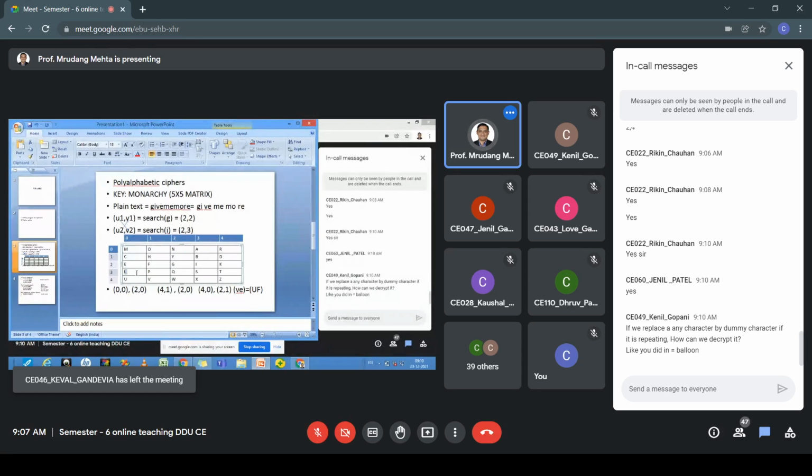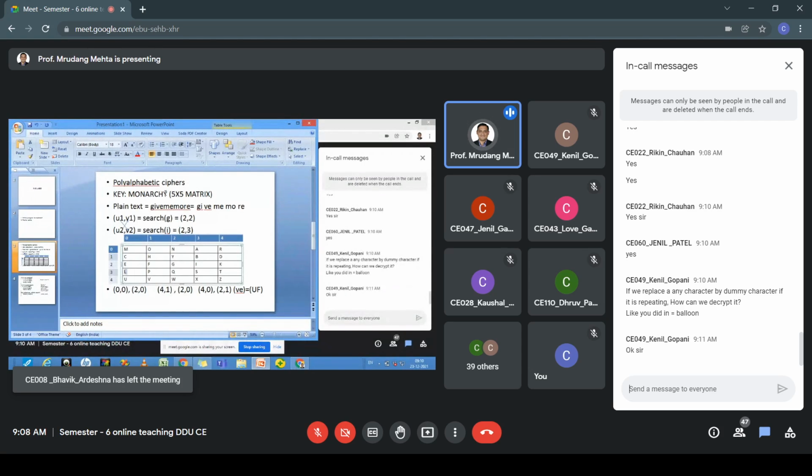So decryption will have some inaccuracy. That is why you consider only text with no consecutive repetitive characters, and second, there should be an even number of characters.